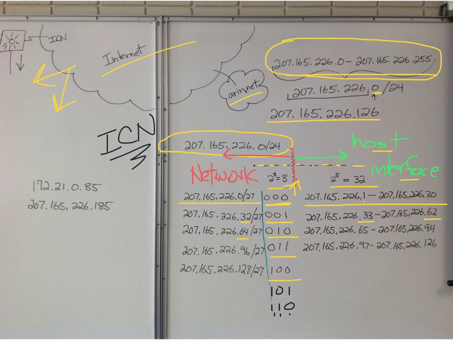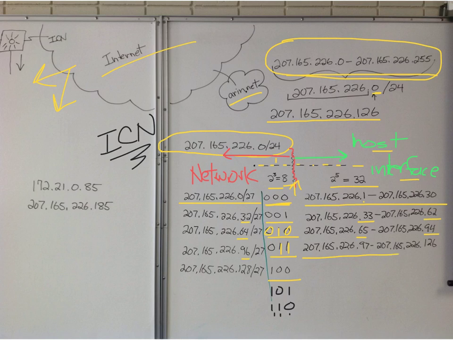How do we get a 64 here? Well, we got a 1 here, and a 0, and a 0. That's one group of 64 when you look up here. Get it? Yeah, we're going to go over it more as we move along. So then we go from 65 to 94. 95 is the broadcast. 96 is the next network. 96 is 2 1s right here. 32 and 64 is 96.